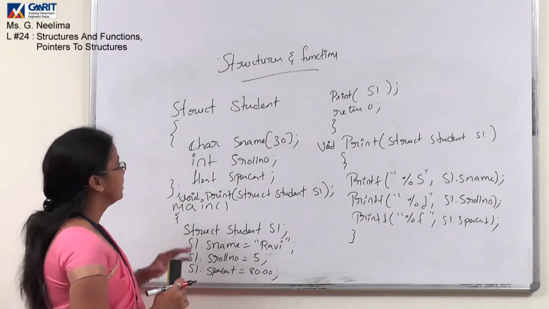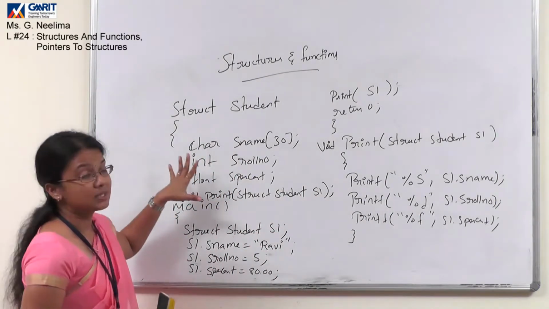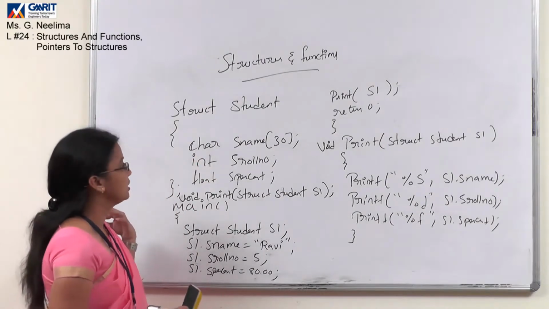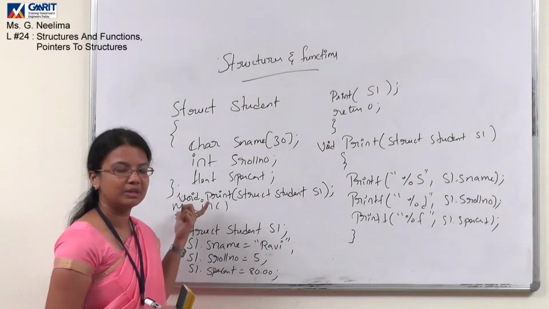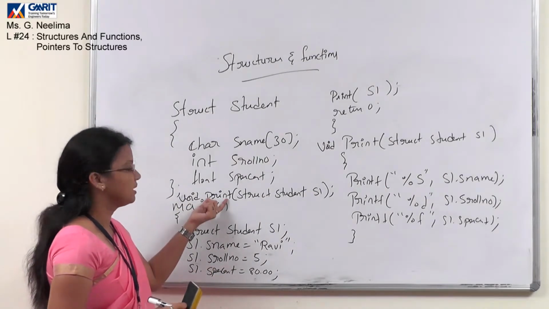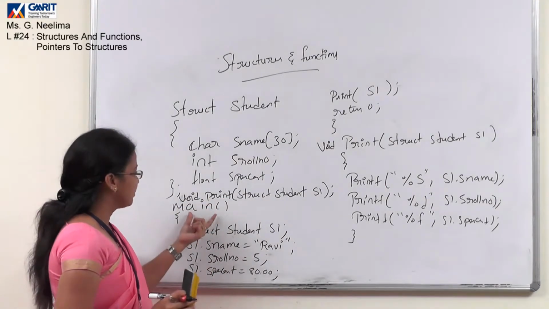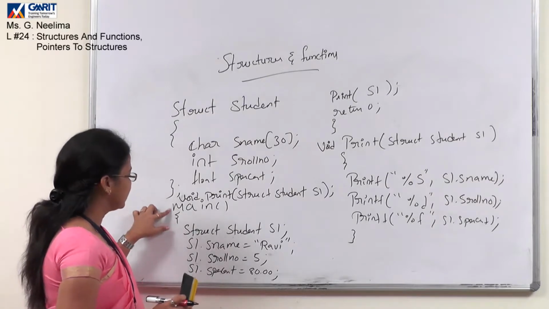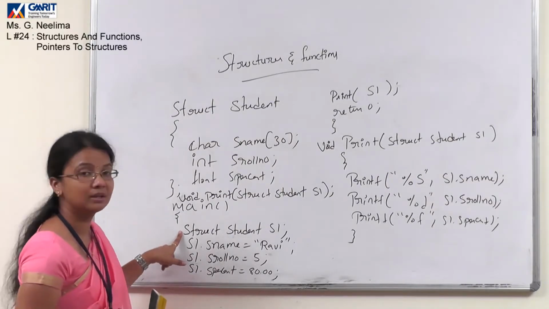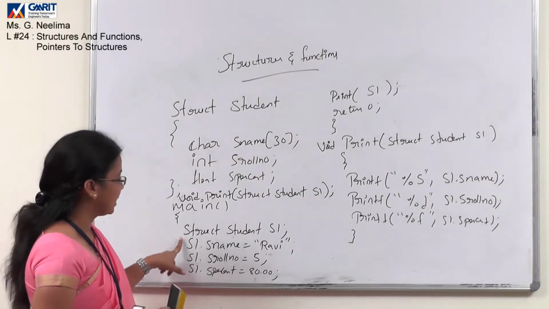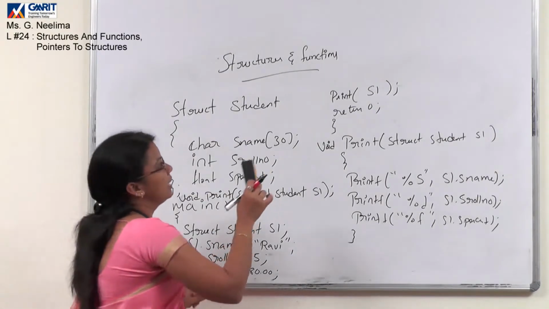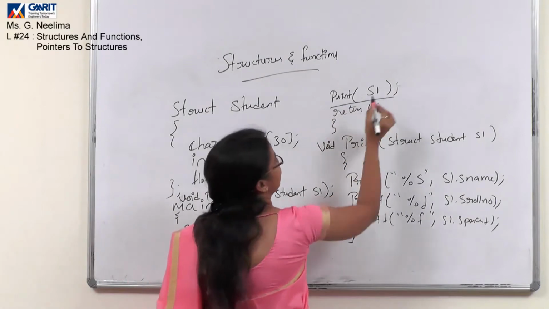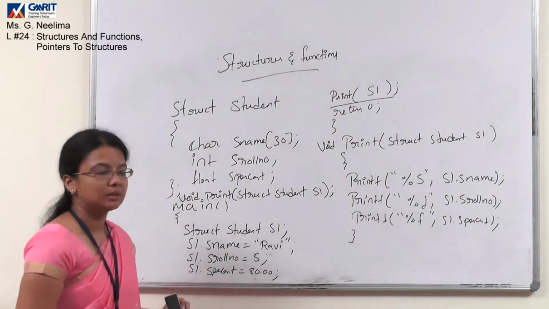So anyway, our concept here is about structures and functions. The structure itself we are passing as a parameter into the function print, this print is a function I am taking. After that control comes here. Here we have defined the structure variable, and after that I have initialized values to the structure variables, and I call this function with s1.